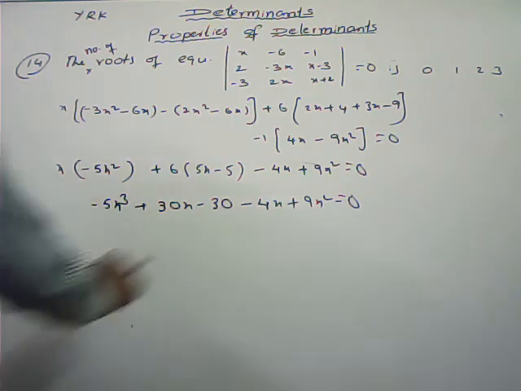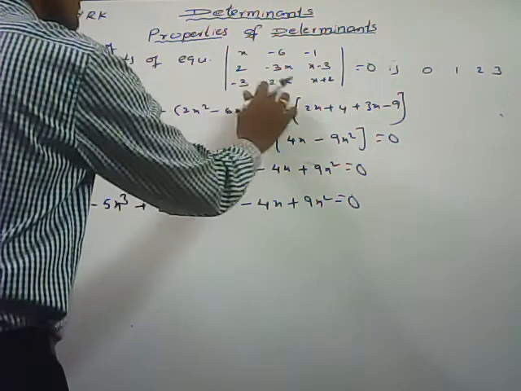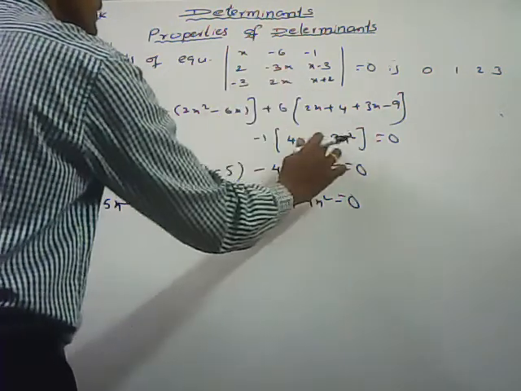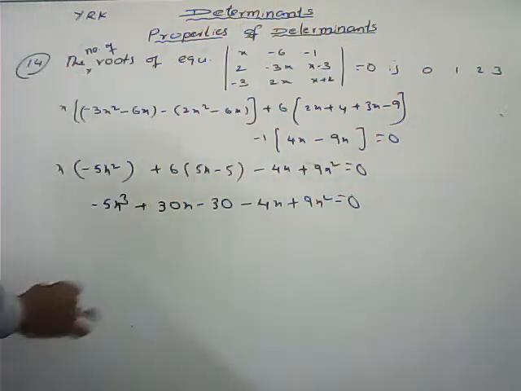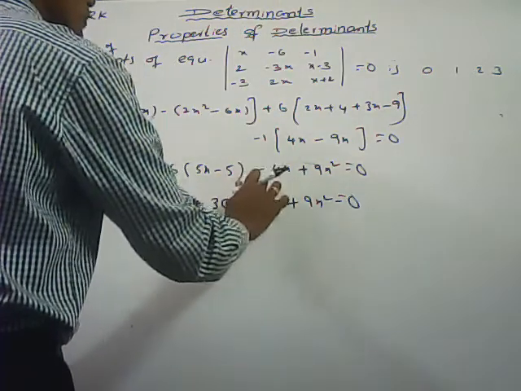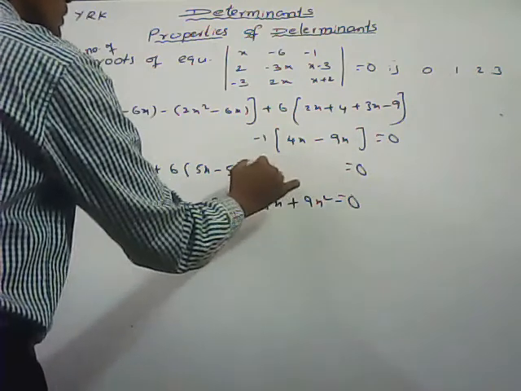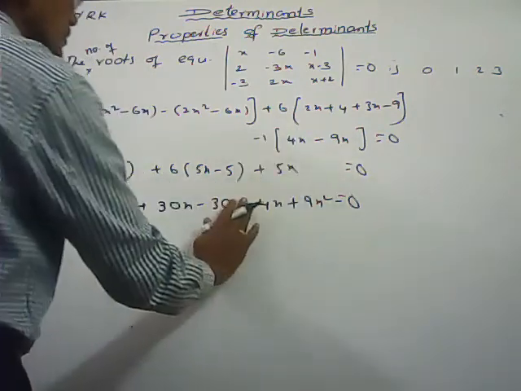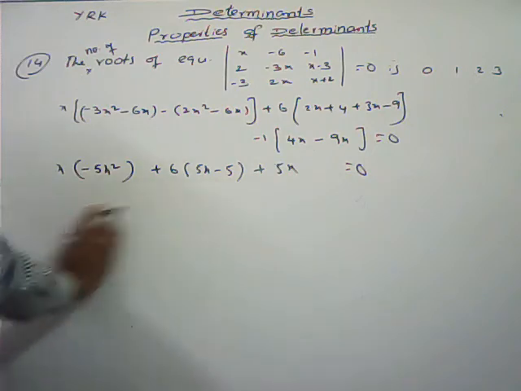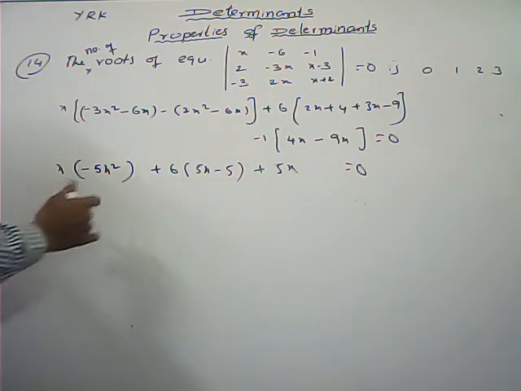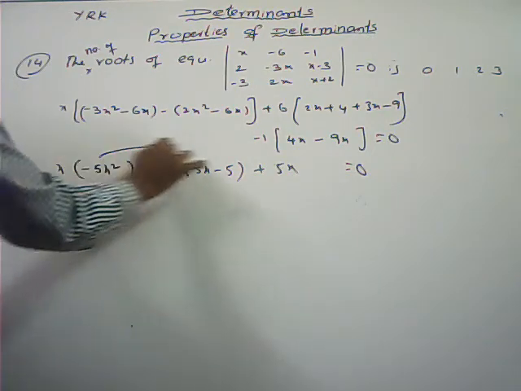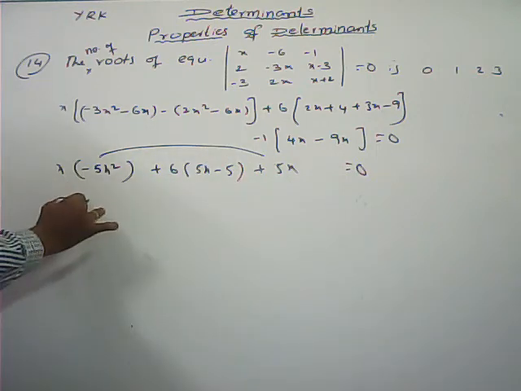Here minus 1 into 4x minus 9x, this is not x square. So here minus 5x plus 5x. From these two terms, I am taking 5x as common.